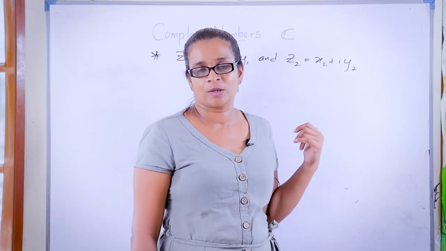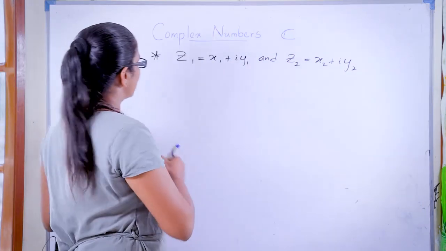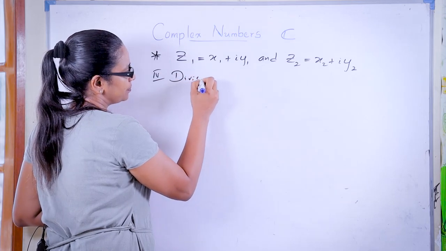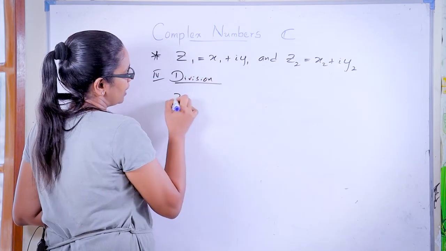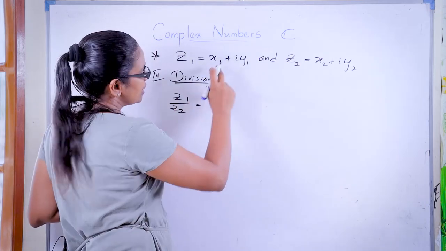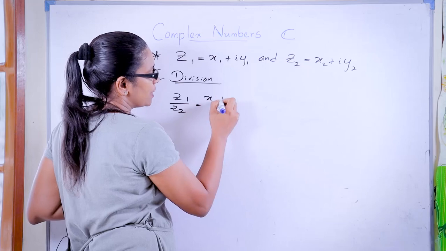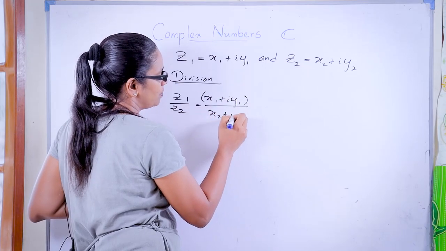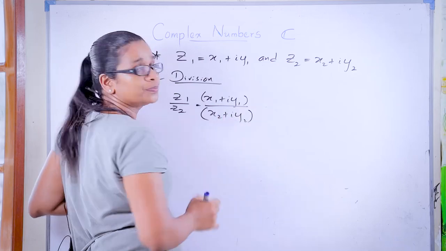Now let's talk about the division of complex numbers. So the fourth one, division. Z1 divided by Z2. So let's substitute these values: x1 plus iy1 divided by x2 plus iy2.